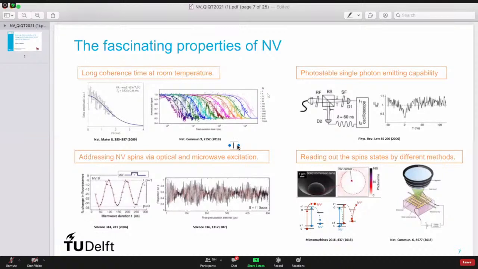They excite the NV minus center using two photons. So it's basically two-photon excitation. First it goes to the excited state, and then from the excited state to the conduction band, and then they detect the signal electrically. And this technique has also been proven to be very efficient. They have been able to detect ensembles of spins down to a single NV.